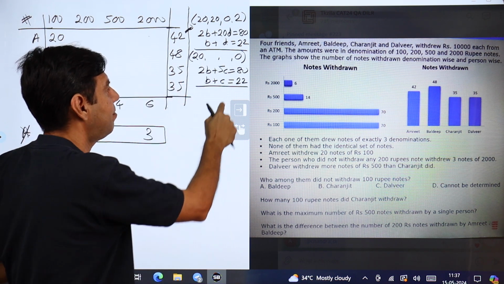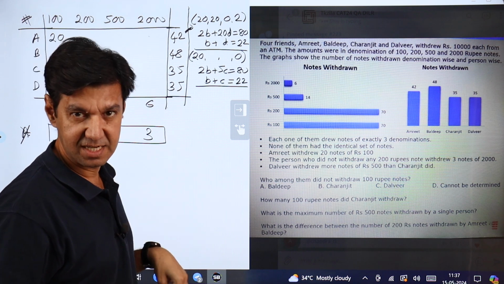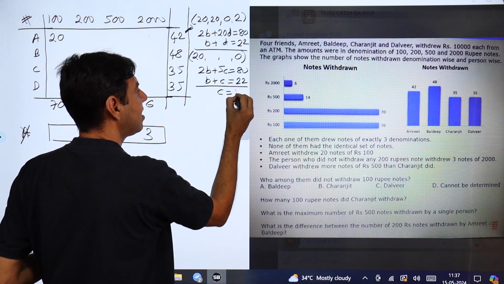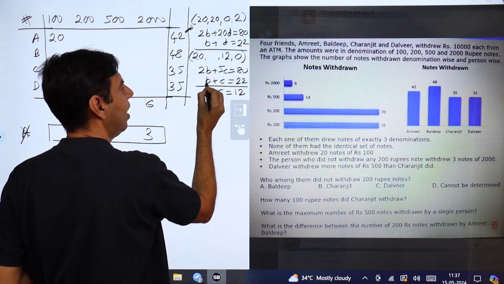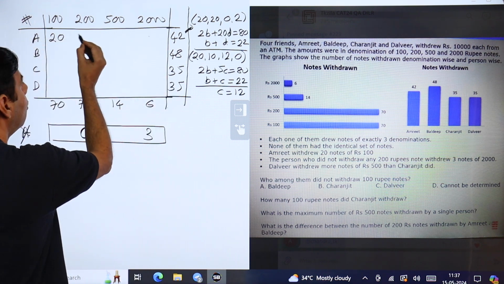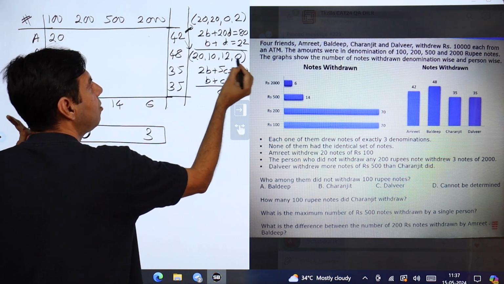Park that 3 in your mind. 44, 36. 3C is 36. So C is 36 by 3, 12. Oh, so C is 12. And if C is 12, B has to be 10. So this row here could be 20, 20, 0, 2, or 20, 10, 12, 0.